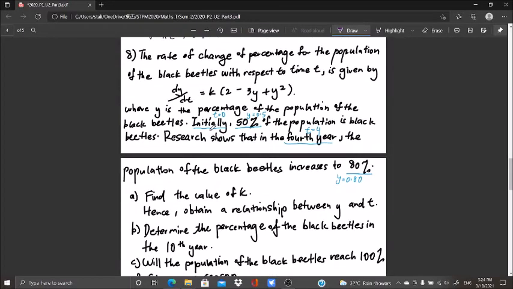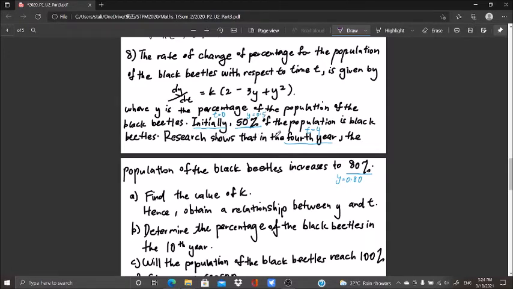Okay. So question number 8. The rate of change of a percentage of a population of the black beetles with respect to time t is given by dy/dt equals k multiplied by (2 minus 3y plus y squared), where y is the percentage of a population of the black beetles. Initially, when t equals 0, 50% of the population is black beetles, which means y equals 0.5.